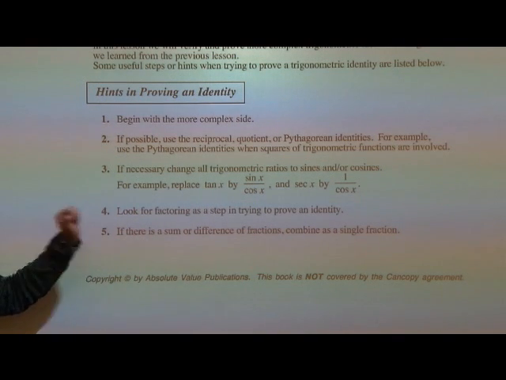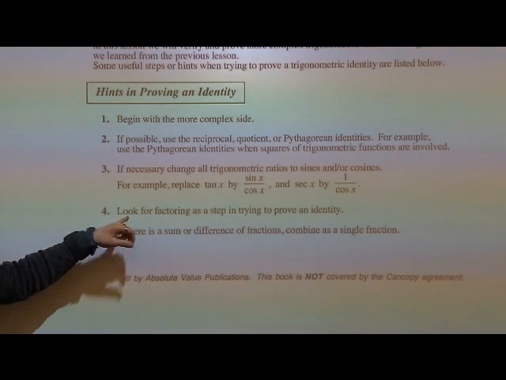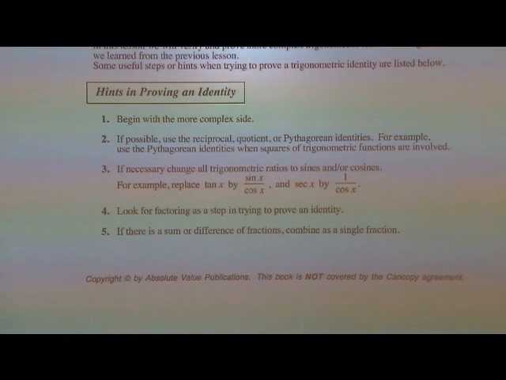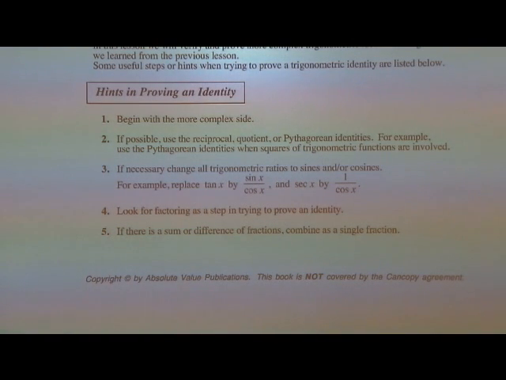So if you have a secant, write it as 1 over cos. If you have a tangent, write it as sine over cos. If you can, try to factor, if factoring helps. And if there's a sum or a difference of fractions, combine as a single fraction. And that can help.